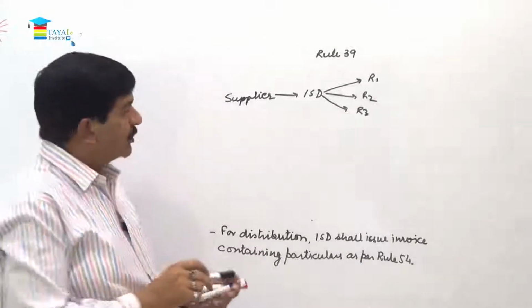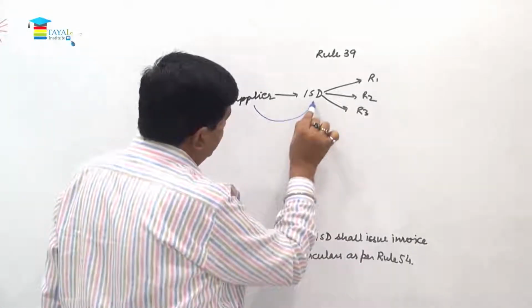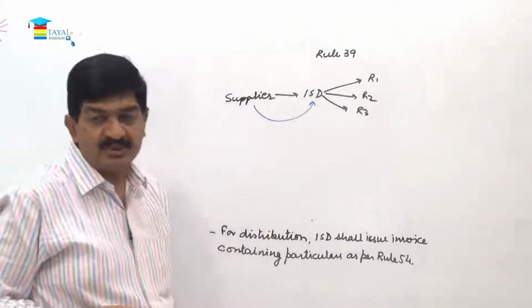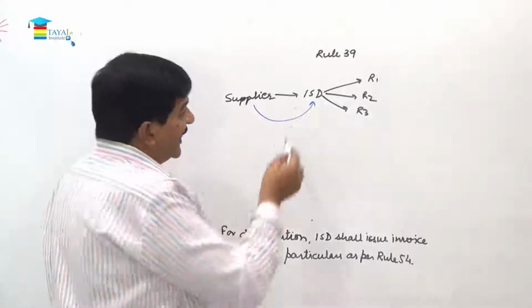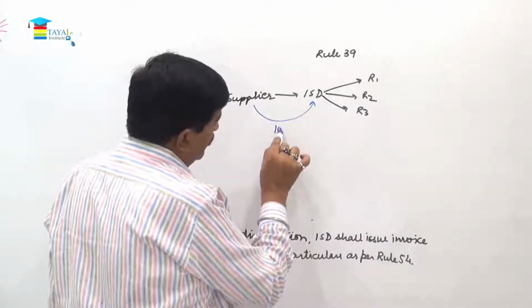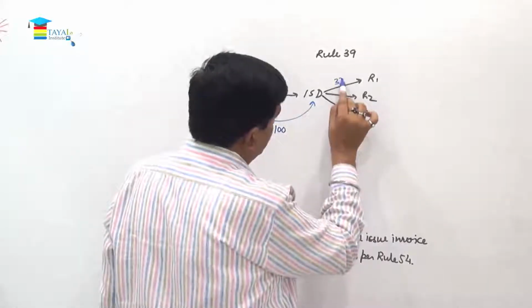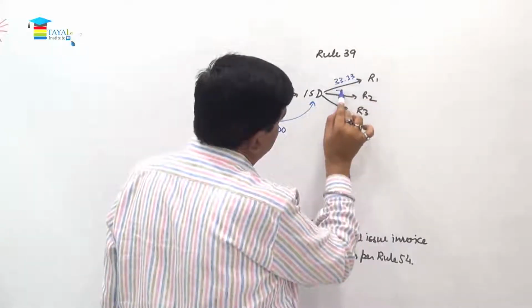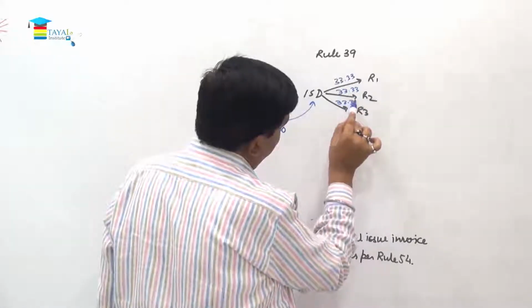Whatever amount of credit is received from the supplier by the input service distributor, same thing is distributed there. Assuming that this credit is for 100 rupees and all three happen to be equal, it will be distributed in the amount of 33.33. This is also 33.33. This is also 33.33.